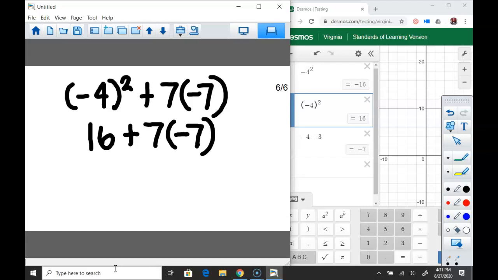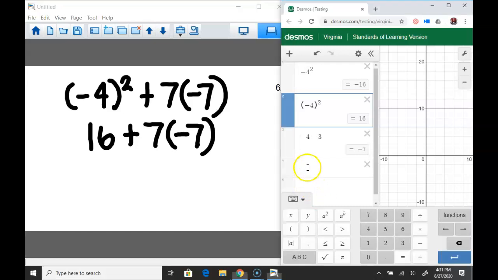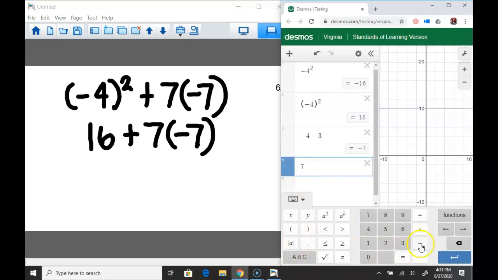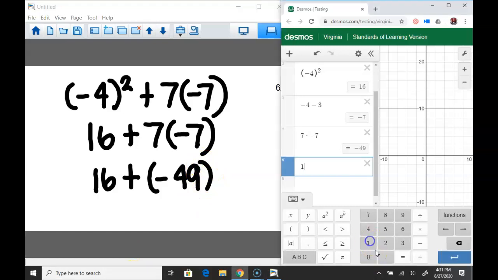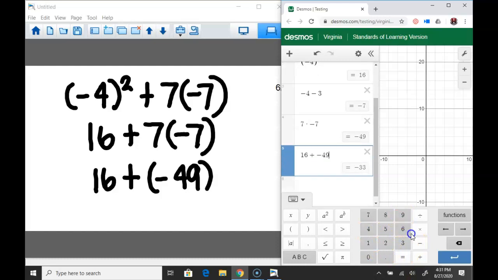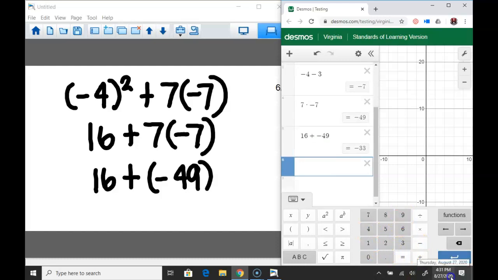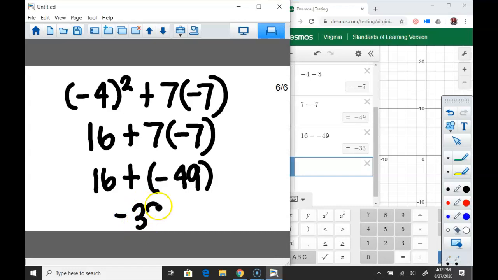After the exponent, we would look for multiplying and dividing, which I see right here, 7 times negative 7. So I'm going to do 7 times negative 7. That is a negative 49. So this is going to be 16 plus negative 49. And then the only thing left to do is to add those together. So 16 plus a negative 49, and I get a negative 33. That's my answer.